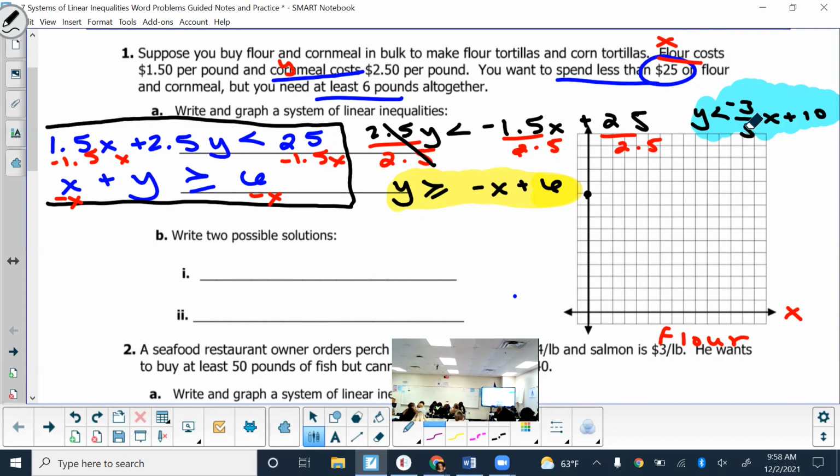And then my slope for this one, going up or down 3? Good, because it's negative. So down 1, 2, 3, to the right 5.